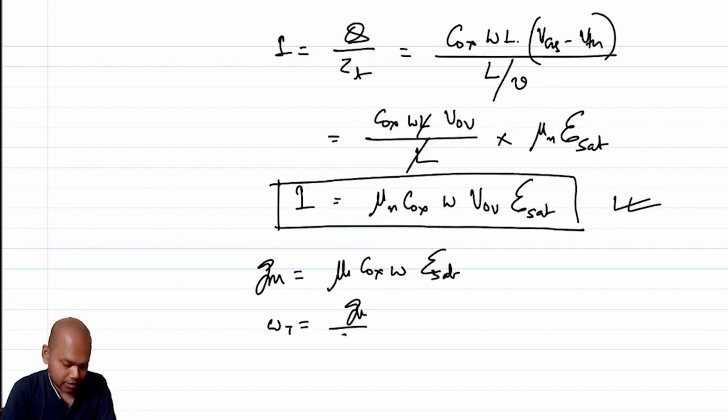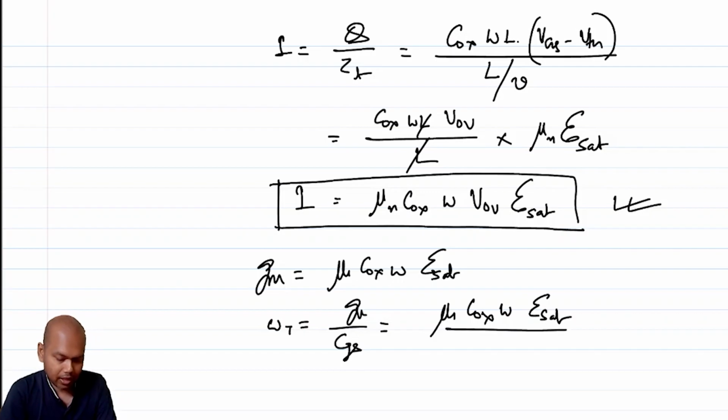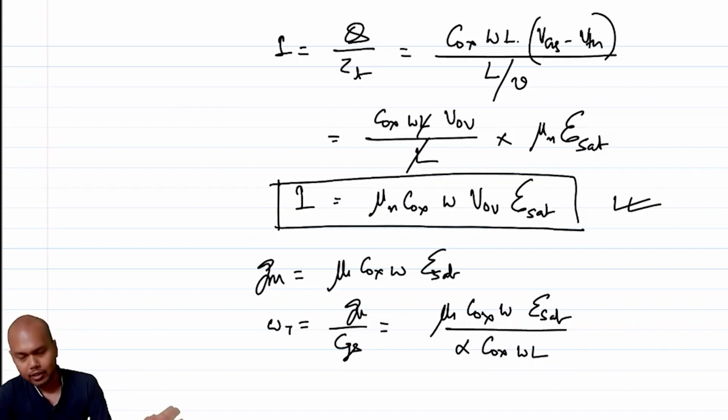Omega T is GM by CGS, which is mu n Cox W times E sat divided by CGS, which is some factor, let me call it alpha, times Cox times WL. Note that in the case of a long channel device, this factor alpha was 2/3, because of the triangular approximation. But in this case, the triangular approximation is strictly not valid. Probably one should take 1/2, but it depends on the particular channel profile.